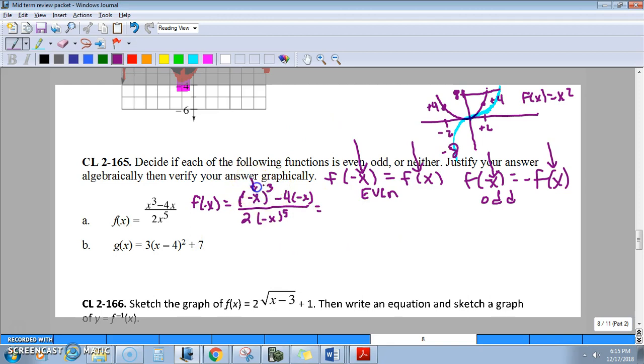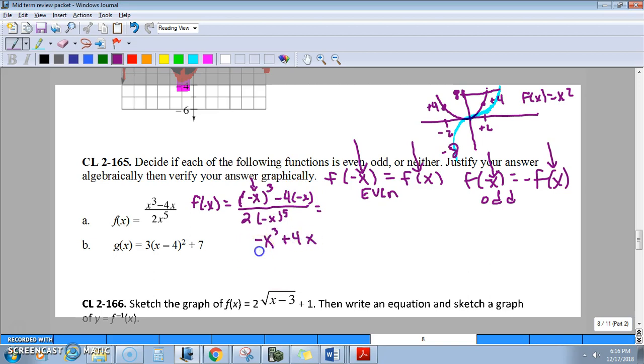Negative x cubed is negative x times negative x, which is positive, but then times a negative x, which is negative, so my output is negative x cubed. Okay? Negative 4 times negative x is actually going to be plus 4x.